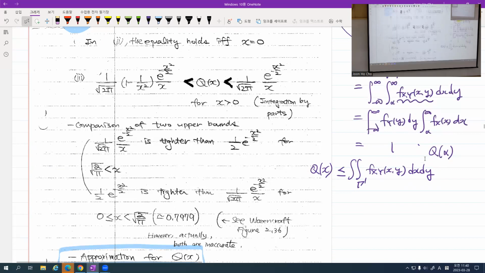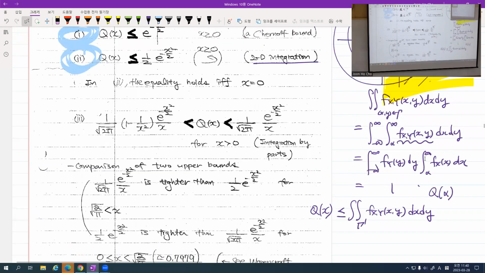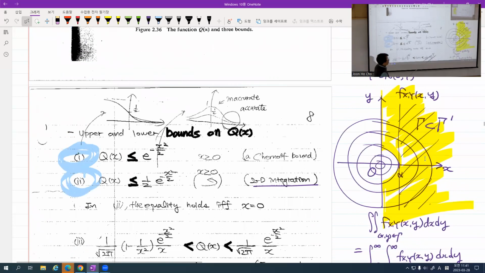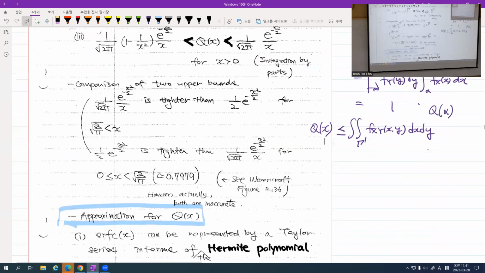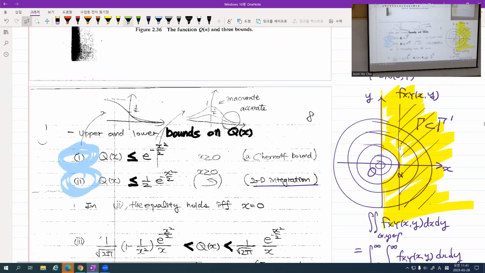And the interesting thing is, due to the symmetry, the integration on gamma prime is twice the integration on gamma prime and... how do I say that? Gamma double prime. And gamma double prime is that area.